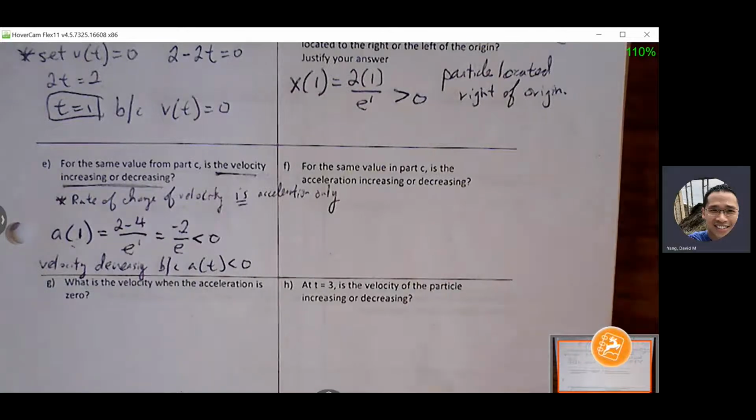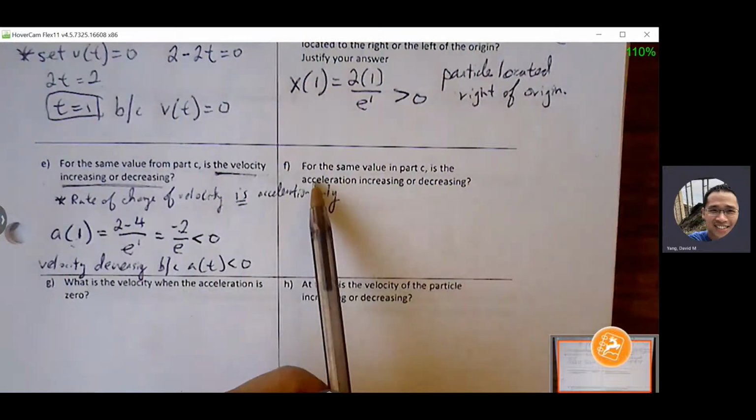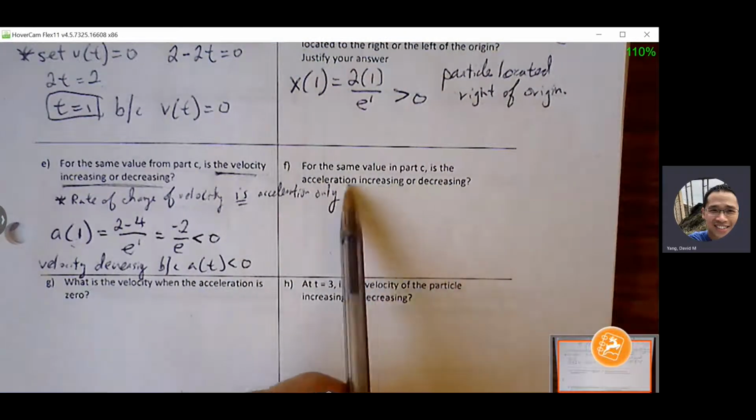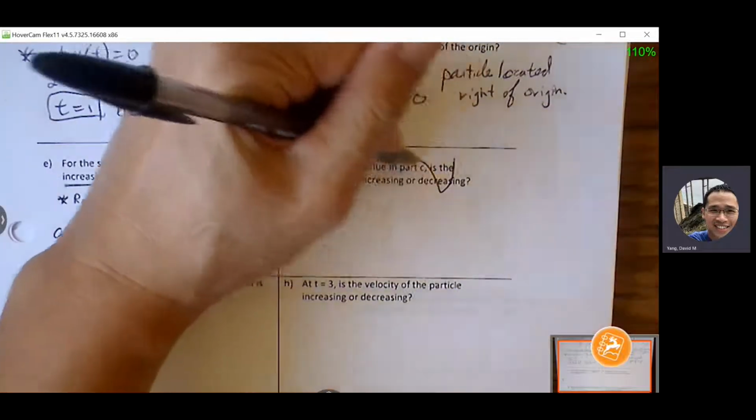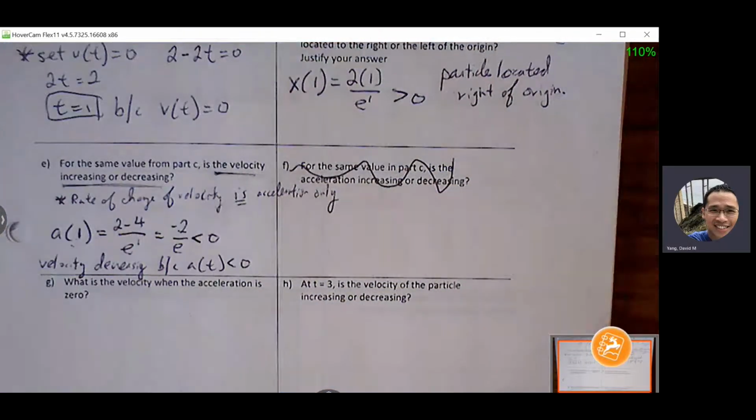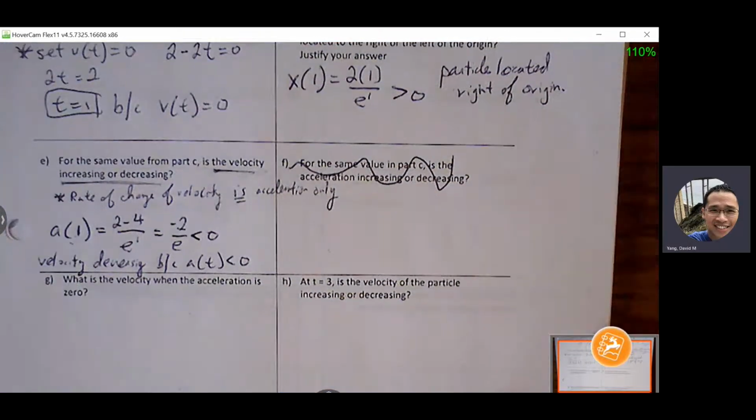Okay, for part F, I'm not going to ask us about acceleration, increase, and decrease. That's really the third derivative, so you won't see problems like this. Let me cross that out. Let's ask this instead. For what value of t is acceleration equal to 0?